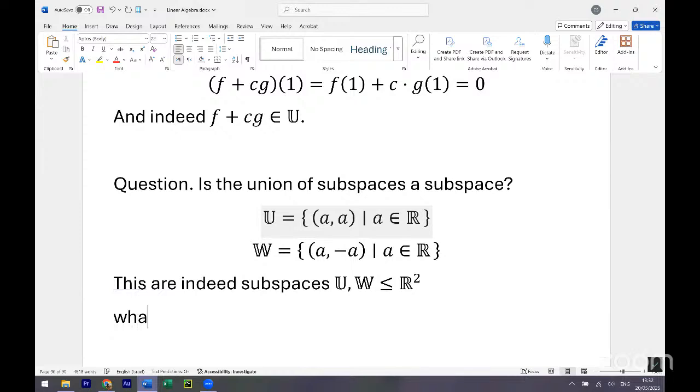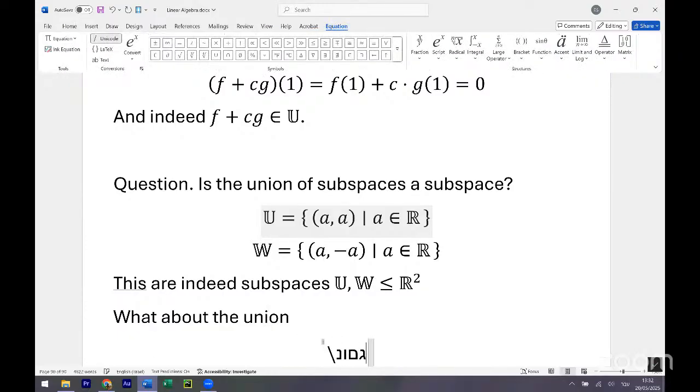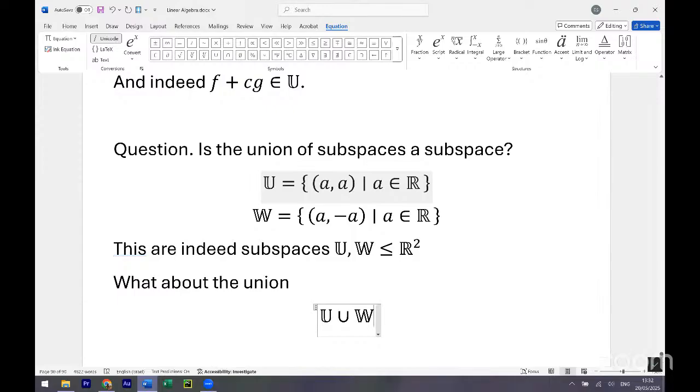But about the union, U union W. Is that a subspace? I'm thinking that the sum of vectors from U and W will never give you the zero vector, except if they're both zero.